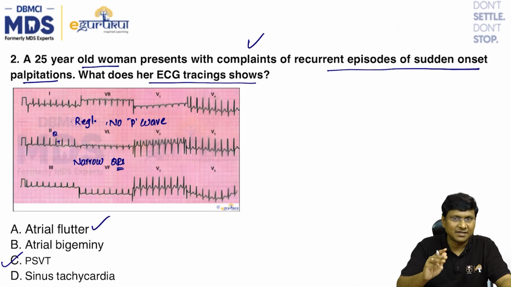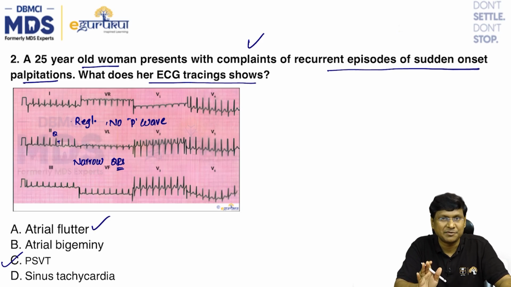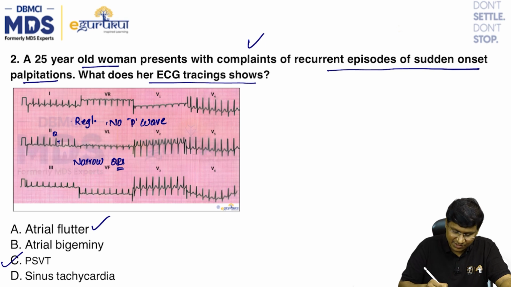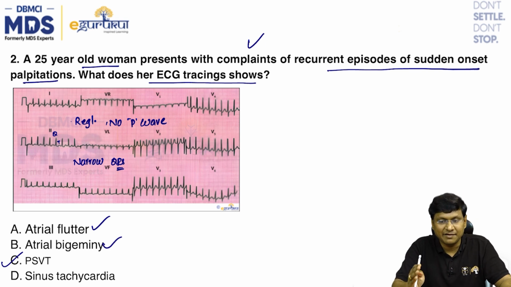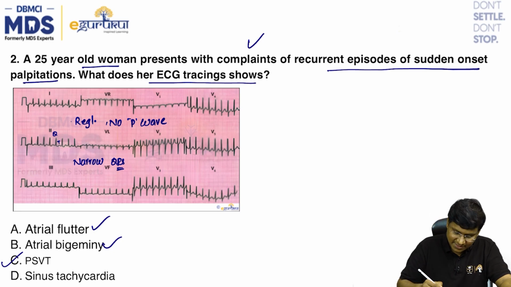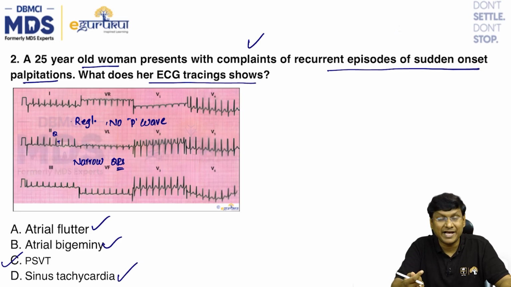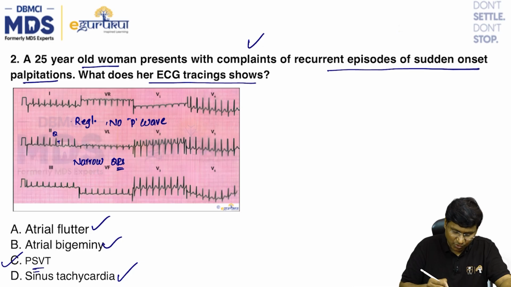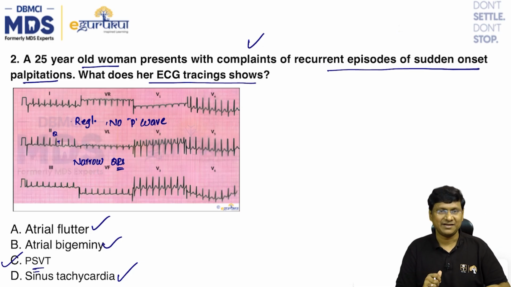Whereas in atrial flutter, you will have sawtooth shaped P waves, which is not there in the ECG. In atrial bigeminy, every alternate P wave should be abnormal, which is not there here. In sinus tachycardia, you should have a P wave followed by QRS and T. So here P wave is absent. So this is suggestive of paroxysmal supraventricular tachycardia.